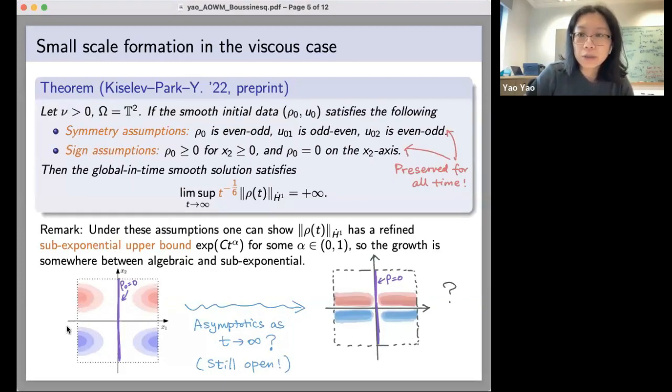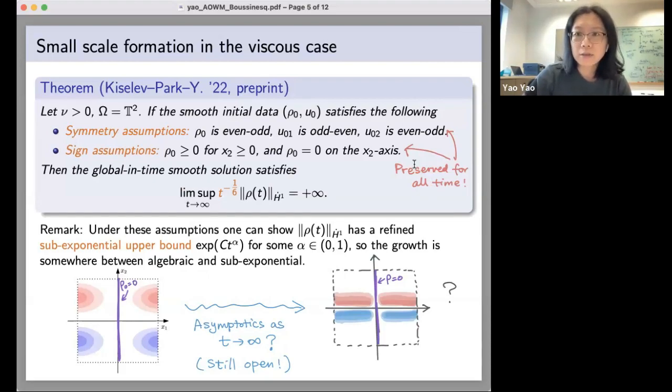And as for the initial velocity, we also assume that the horizontal initial velocity satisfies this odd-even symmetry, and the vertical velocity satisfies the even-odd symmetry. It is well known that whenever the density and the initial velocity satisfy those symmetries, they will be preserved for all time. That is very easy to check.